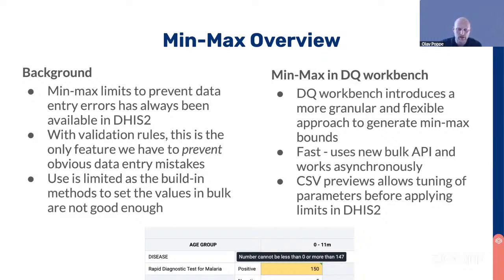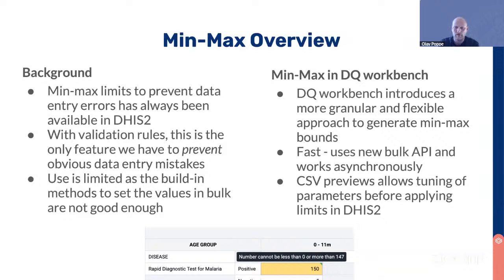This functionality lets you set up, for every single combination of organization unit, data element, and category option combination, a minimum and maximum value that is acceptable for that particular combination.